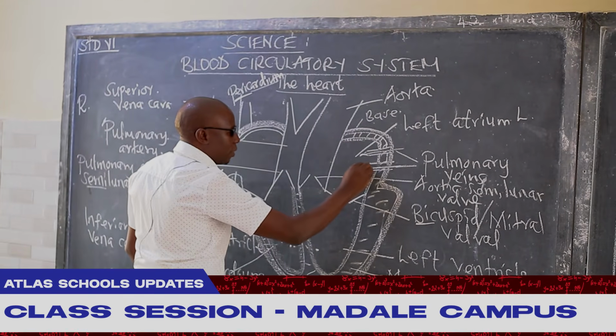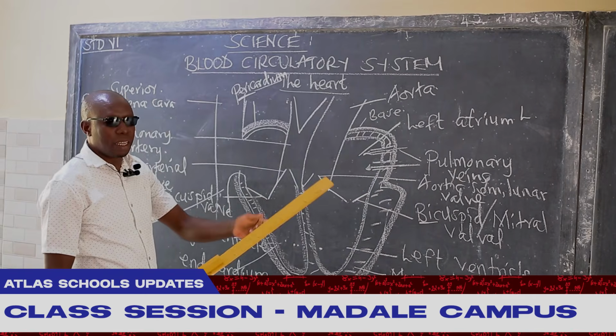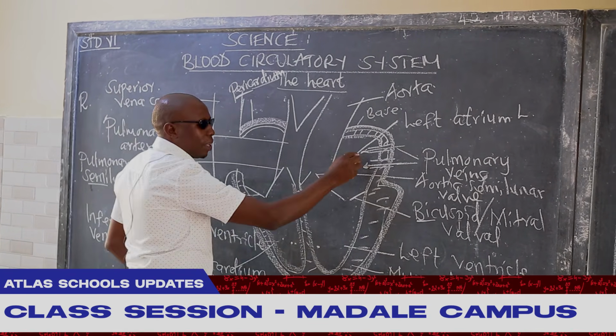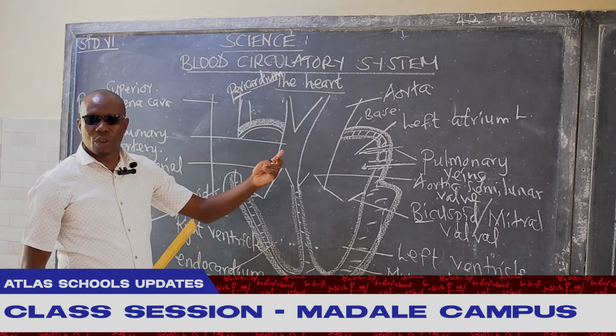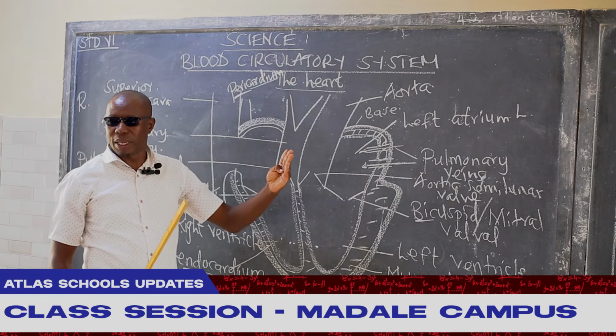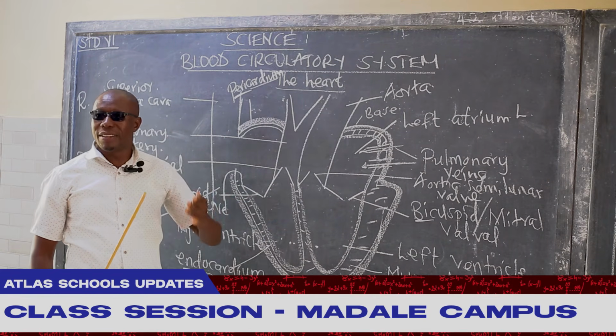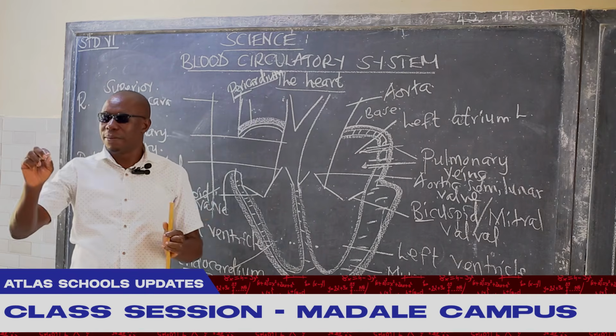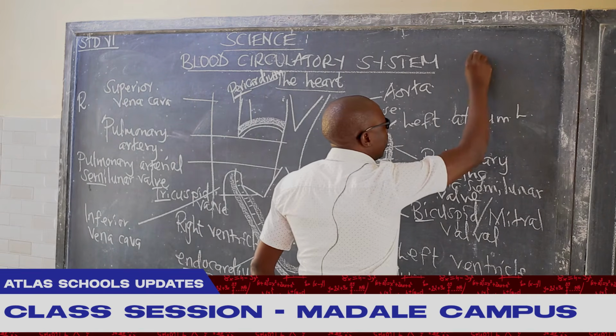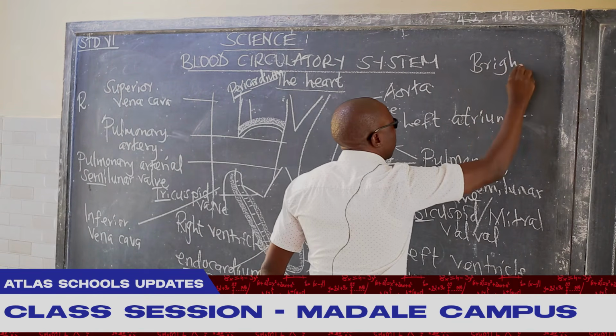There are 4 in number, we said so, right? They're called the pulmonary veins. They will enter here, and that blood has got a lot of oxygen, meaning it is oxygenated. When blood is oxygenated, it has got which color? We say bright red. Can you say bright red?